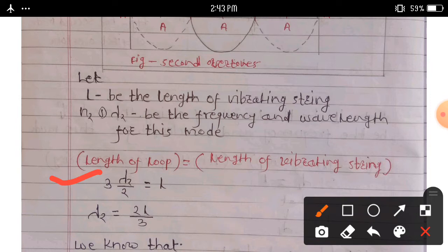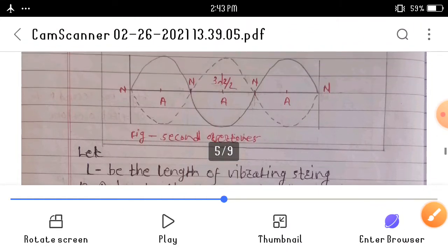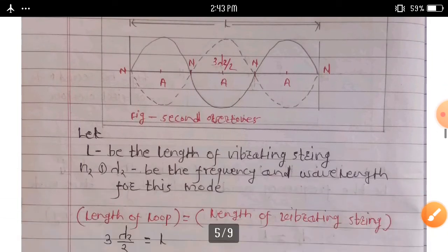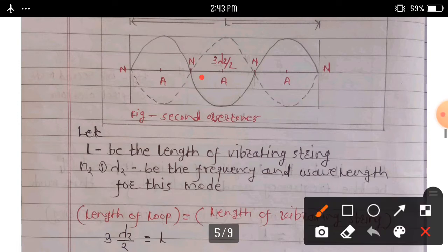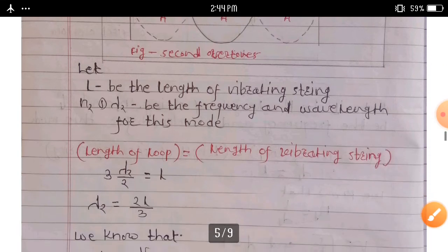See this diagram. This is the length of loop, 3 lambda 2 by 2, and the length of vibrating string is small l.